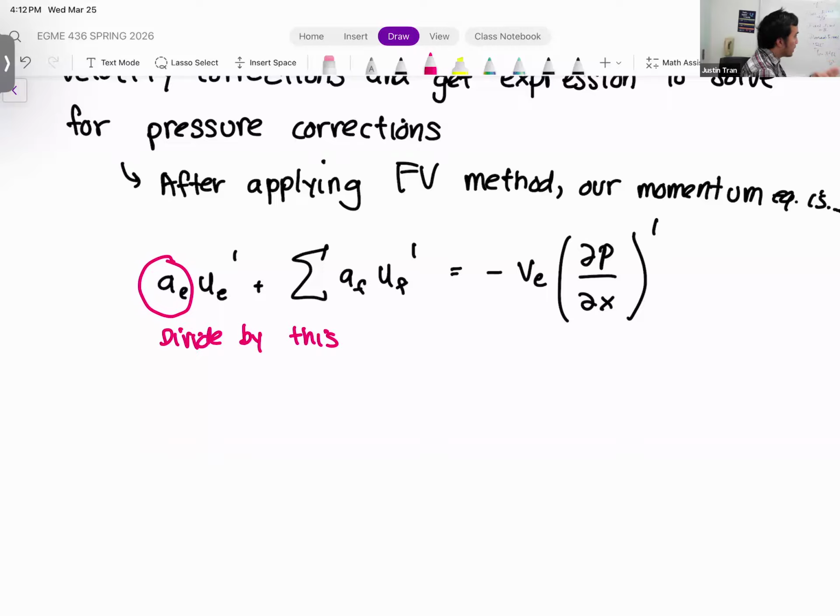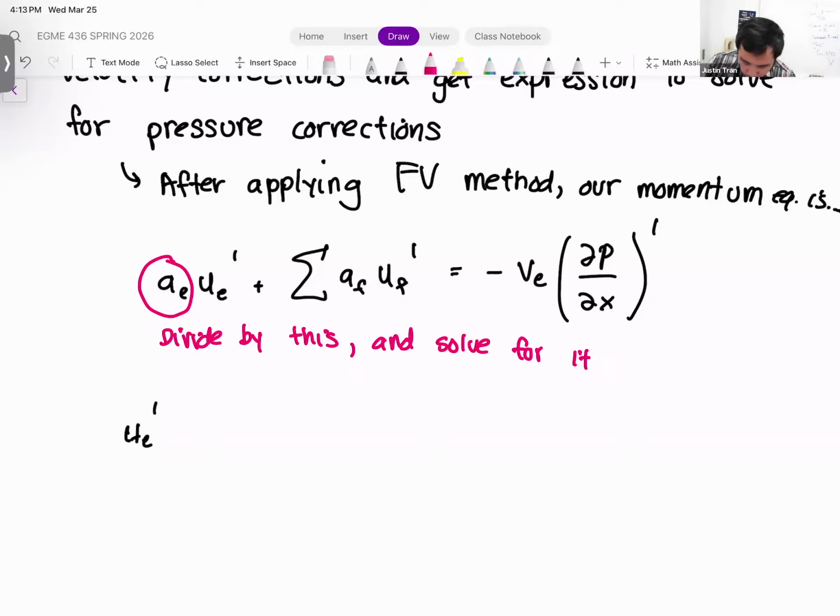Specifically, the velocity on the east face. Let me do two steps in one: let's divide by this and solve for it. That means all of the other U terms are going to move over to the right-hand side.